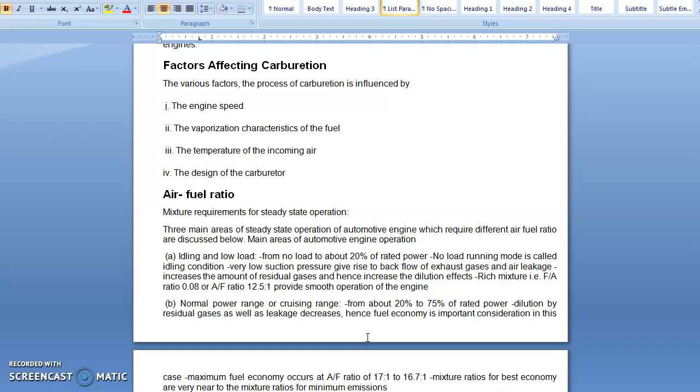This carburetor has advantages in comparison to the above two, the down draught and up draught carburetors. Basically, we mostly use the horizontal carburetor. So this is the description of the air-fuel ratio.